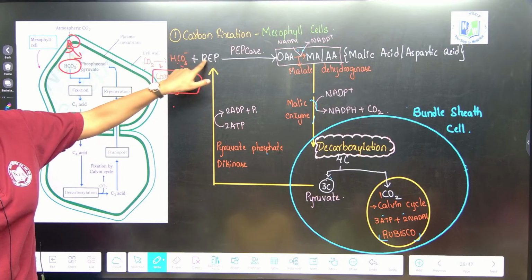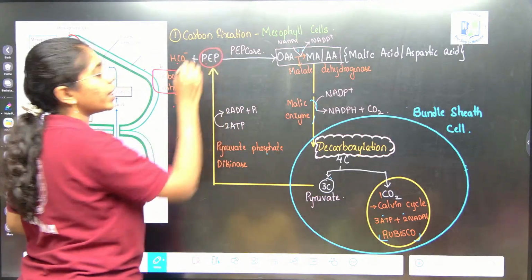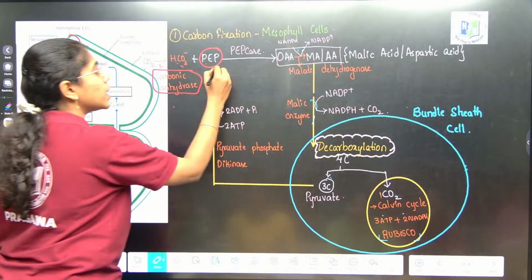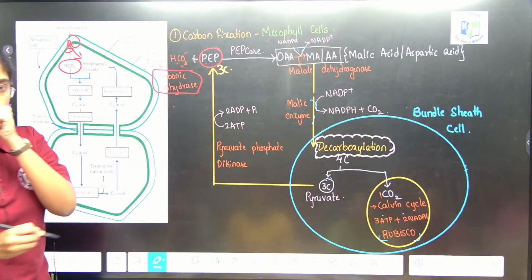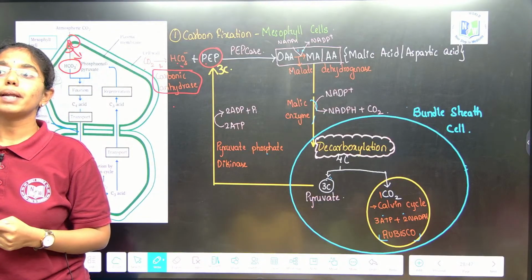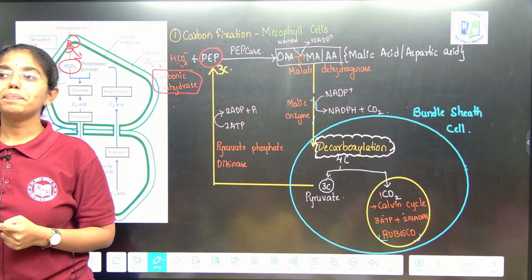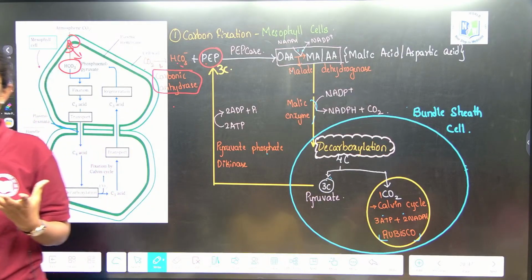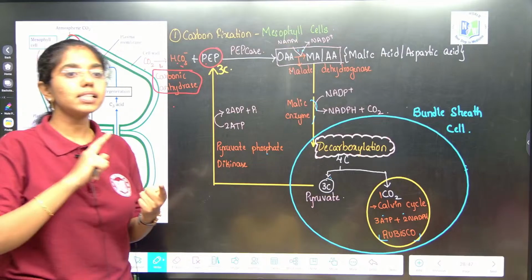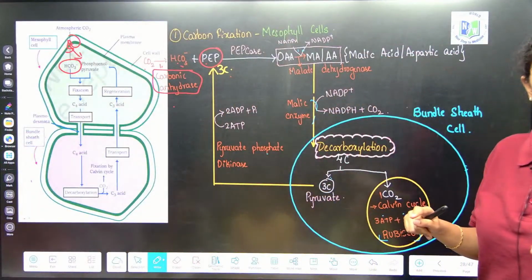The primary acceptor of carbon dioxide here is PEP, phosphoenol pyruvate, which is a 3-carbon compound. There in the C3 cycle, what is the primary carbon dioxide acceptor? RuBP, a 5-carbon compound. In the C3 cycle it is RuBP. Here it is the 3-carbon compound phosphoenol pyruvate.